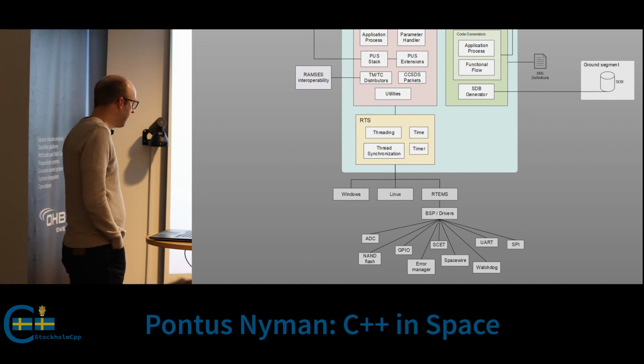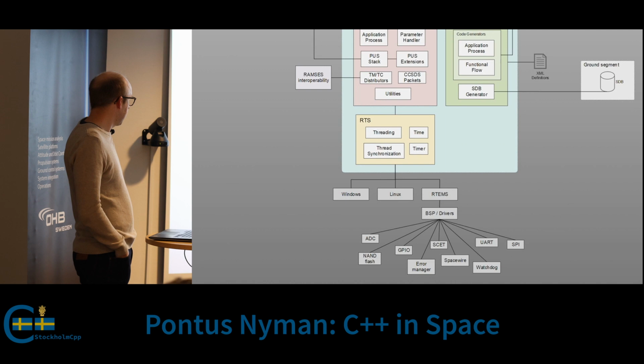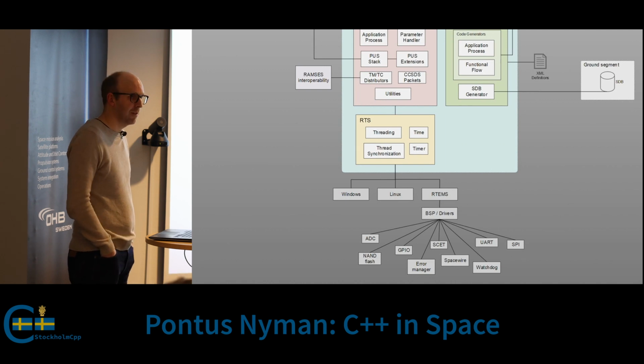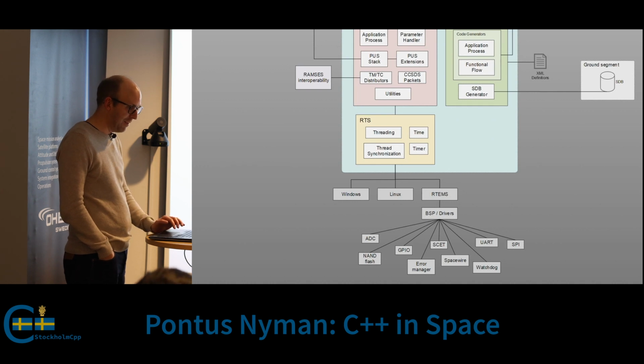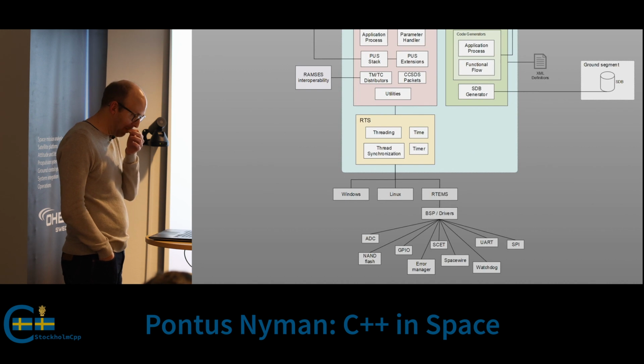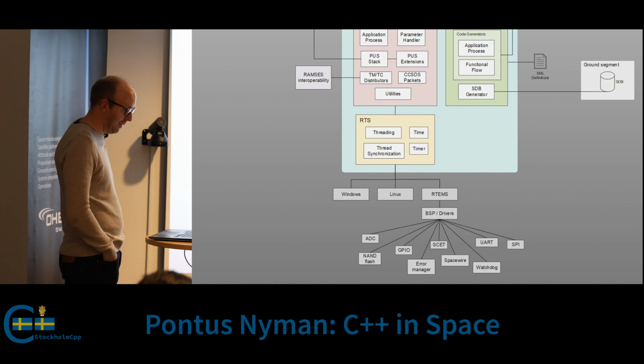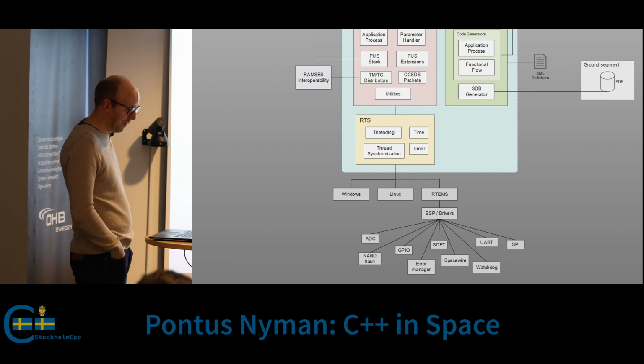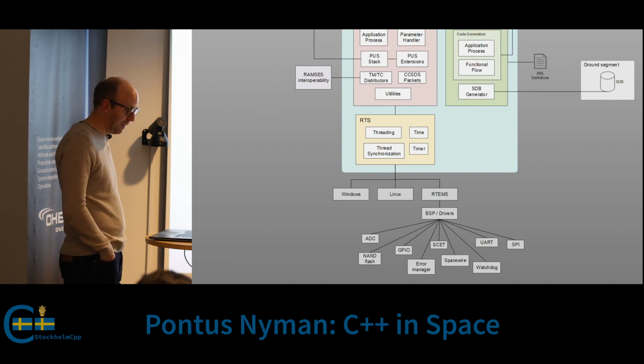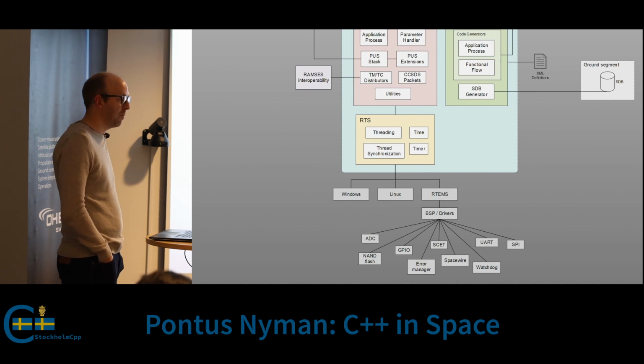And then we run a real-time operating system called RTEMS. Have you heard of RTEMS? No? It was originally a military real-time operating system, and at that time RTEMS stood for Real-Time Executive for Missile Systems, but then it went open source and was rebranded, and it was picked up by the space industry.